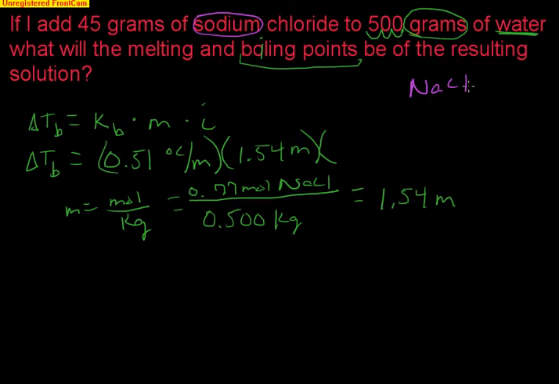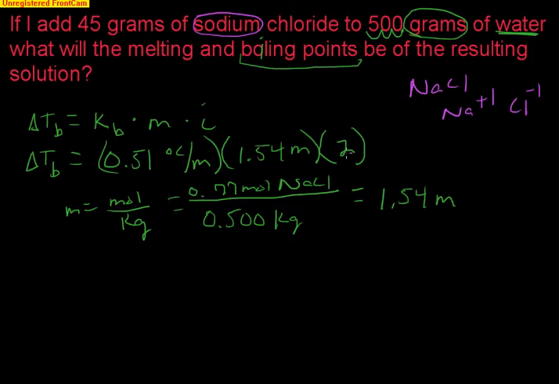So when sodium chloride goes into solution, it will form sodium plus 1 ions, and it will make chloride negative 1. So it makes 1 sodium and 1 chloride, so 1 and 1 gives me 2. So I've got a Van't Hoff factor of 2, and I'm going to put 2 in there.